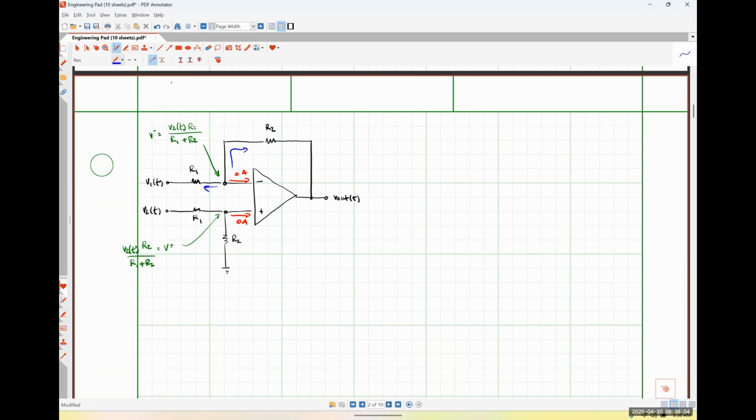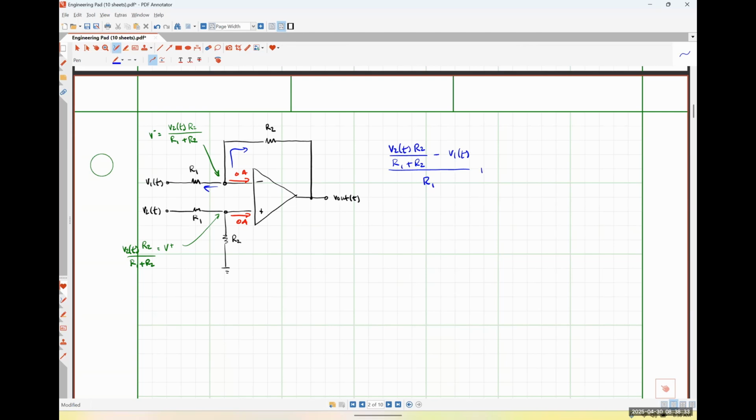So that KCL equation would look like V2 times R2 over R1 plus R2 minus V1, all of that divided by R1.